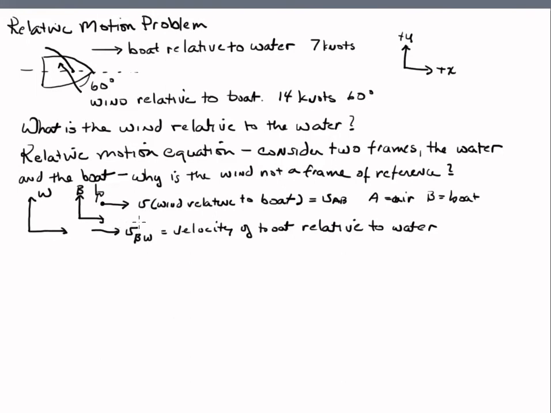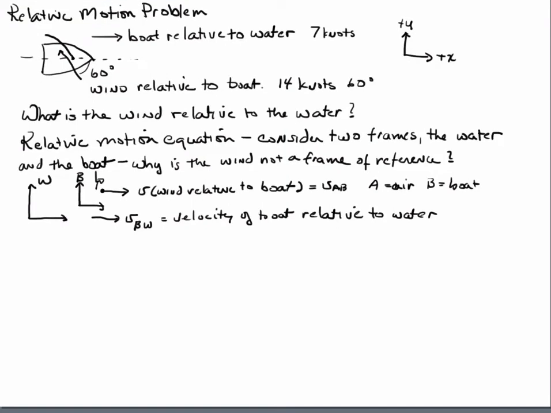And its velocity relative to the boat we'll denote as V_AB for velocity of air with respect to the boat. And the velocity of boat with respect to the water we'll denote, of course, as V_BW.